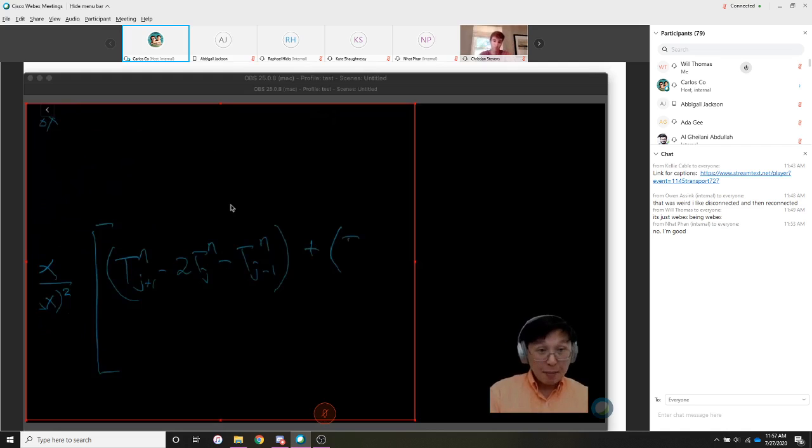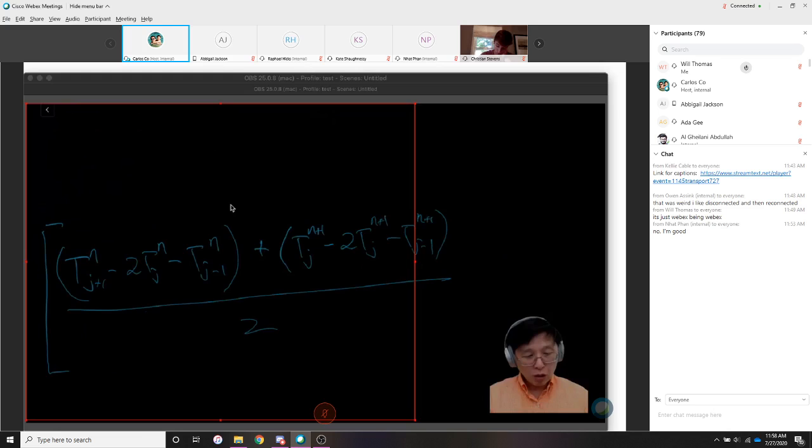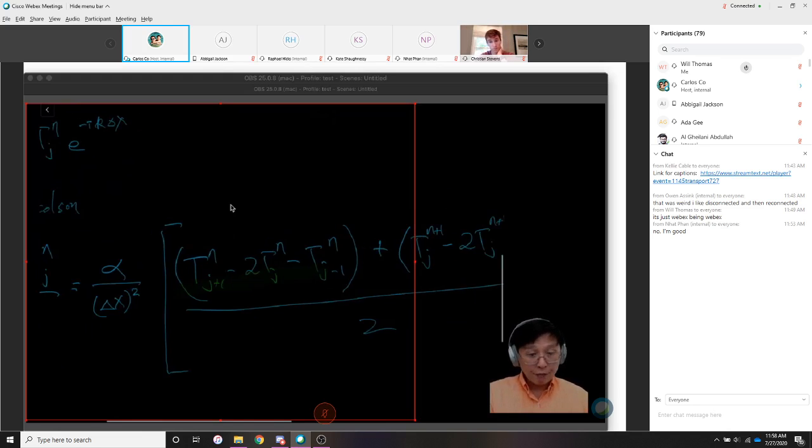So let's add the same second order finite difference, but at a later time that we are interested in, n plus 1: t j plus 1 minus 2 t j plus t j minus 1 at n plus 1, divided by 2. So all Crank-Nicolson said was, instead of estimating the second order finite difference with the delta x just from the previous time, let's also write that expression down for the next time increment that we want.